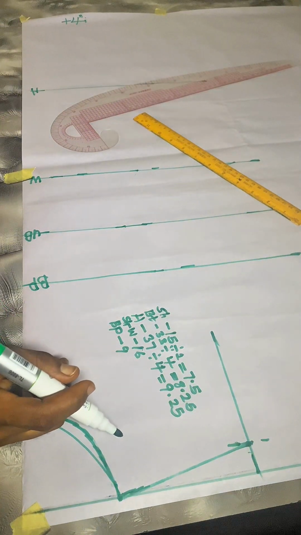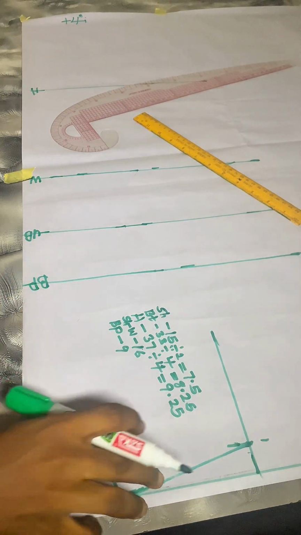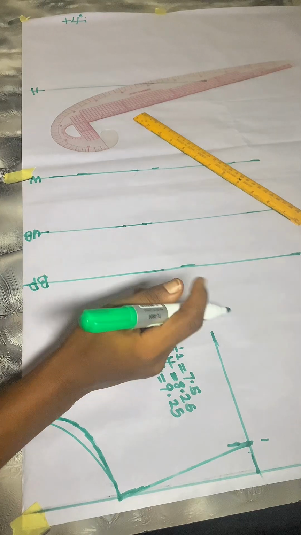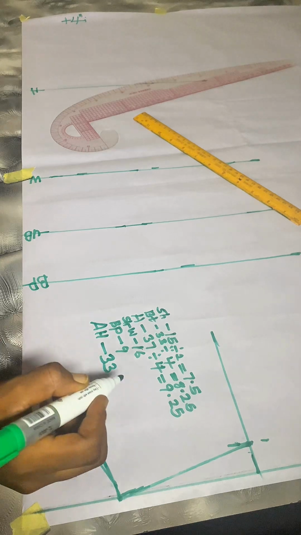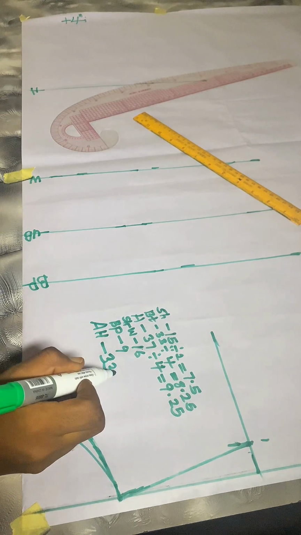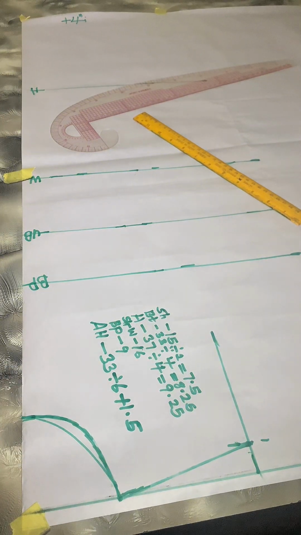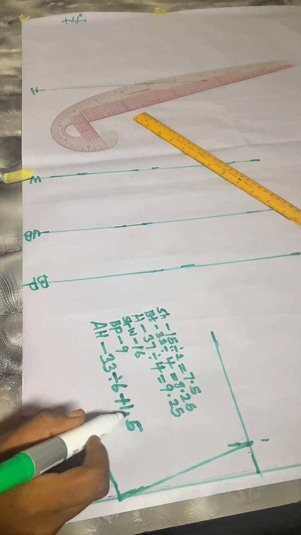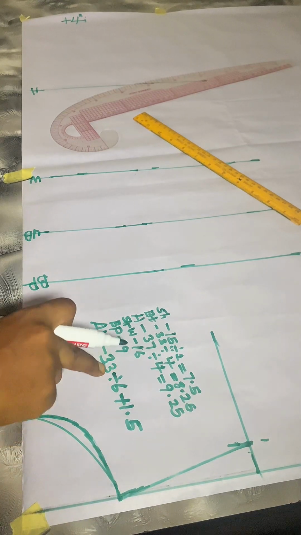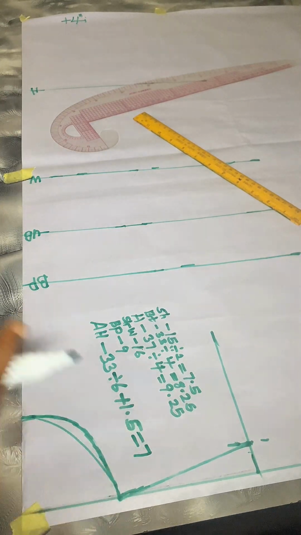To get our armhole, it's going to be our bust divided by 6 plus 1.5, if you are putting a sleeve on the armhole, which gives us 7.